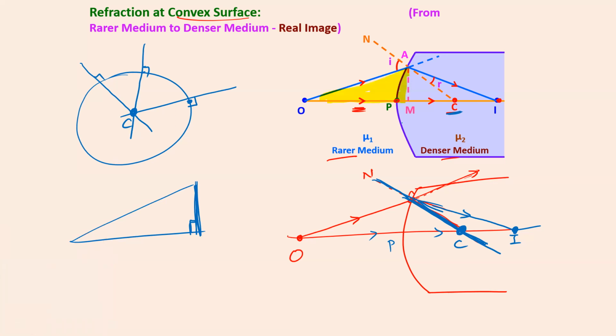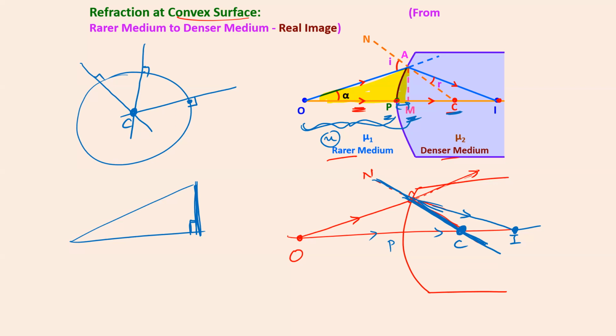And this point M and this P are very close. So what is the measurement from pole to the object? We know it is the object distance u, but P and M are very close, so even for OM I can take u because they are very close. These things we need to know for the proof.